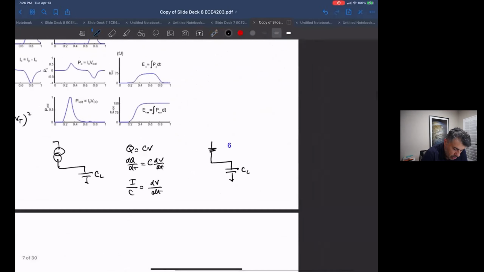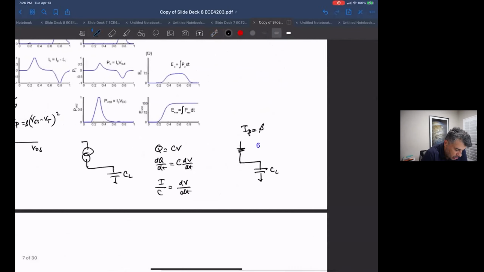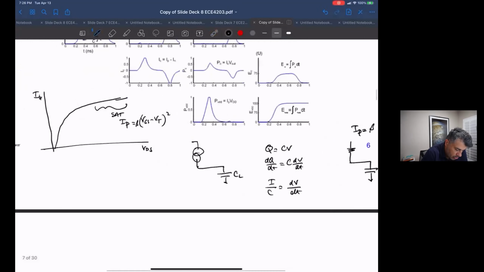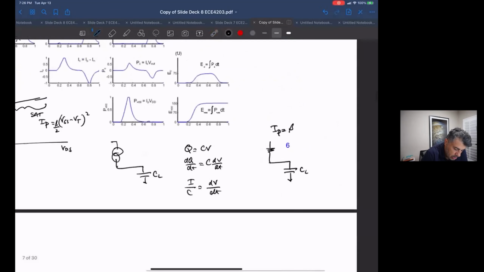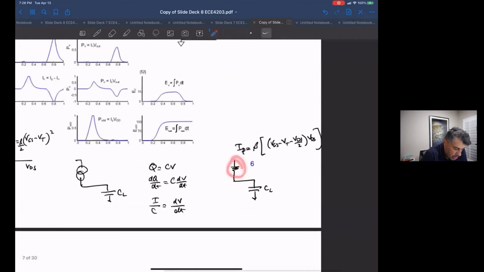Here the current equation is I_P equals beta times (VGS minus VT minus VDS over 2) times VDS. It acts like a very nonlinear resistor.